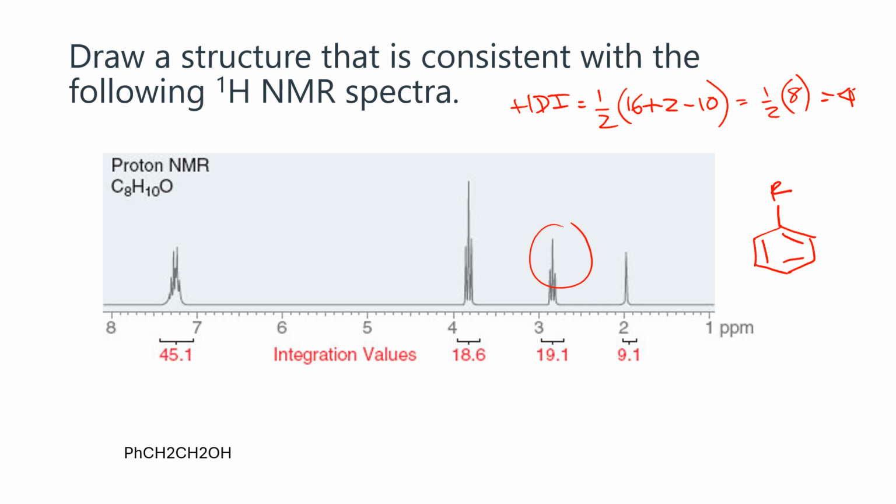If this is the case, and these are 2 triplets, when you have 2 triplets, think of this: X and Y. So here, this signal will be a triplet because it has 2 neighbors, and this will also be a triplet. So I'm looking at that. And because I have an oxygen, this is likely to be an OH.